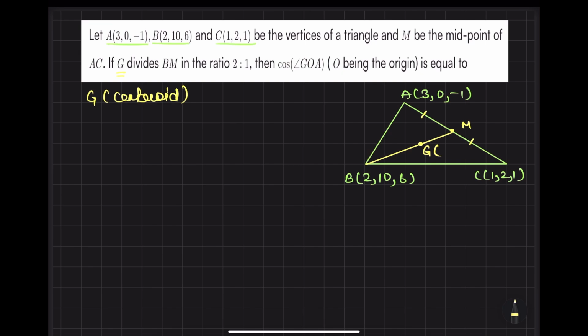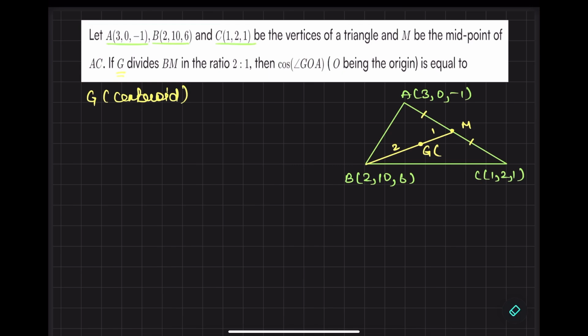And if you consider a point which makes 2 from the vertex side and 1 from the other side, the 2:1 ratio will be a centroid. And if you wish to find the value of the centroid, it is (x1 plus x2 plus x3) by 3.